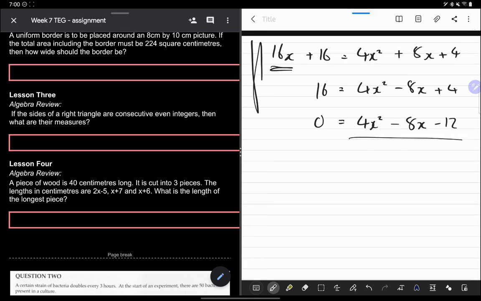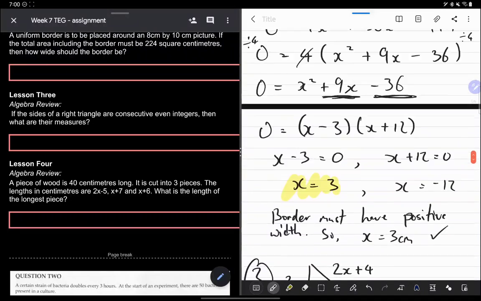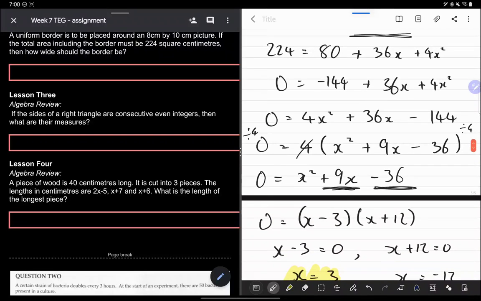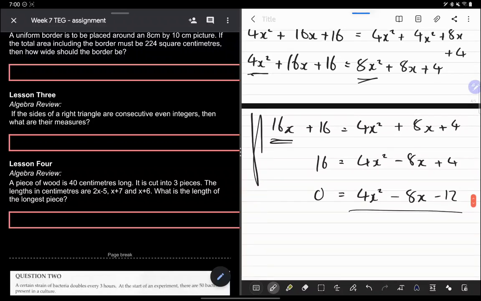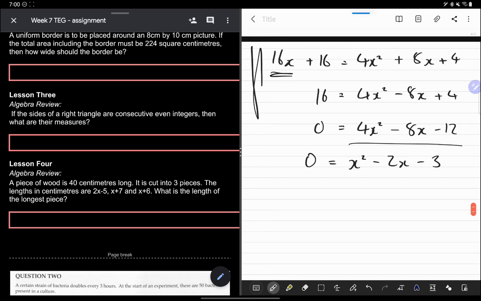It seems like I can factor again. If you watch what I did for question number 2, this line here, you'll be able to see that I'm just going to factor out 4. So I'm going to divide both sides by 4, which I feel like I can. So I get this. And 0 divided by 4 is just 0. Cool, we factorize, quadratic factorization.